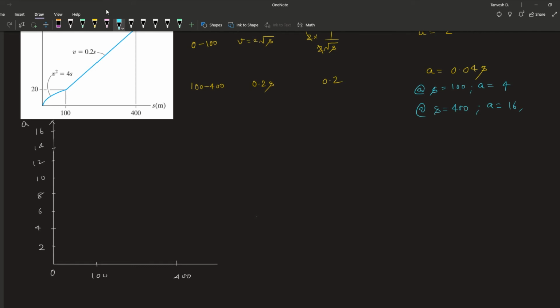So we know that it is constant from this point to this point, 2, and then at 100 it jumps to 4. Acceleration jumps to 4, and from there it goes to 16. So it's a straight line here. This is your acceleration displacement graph.